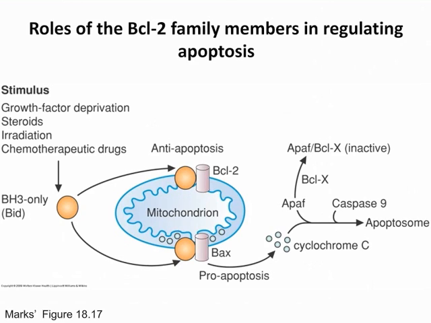Or it can follow the pro-apoptotic route, which includes the protein Bax. If it goes the pro-apoptotic route, then Bax is going to release the cytochrome C from the mitochondria. So this would be the mitochondrial integrity pathway. And once cytochrome C is released, we know it complexes with APAF to form the apoptosome to activate caspase 9. So this initiates apoptosis.